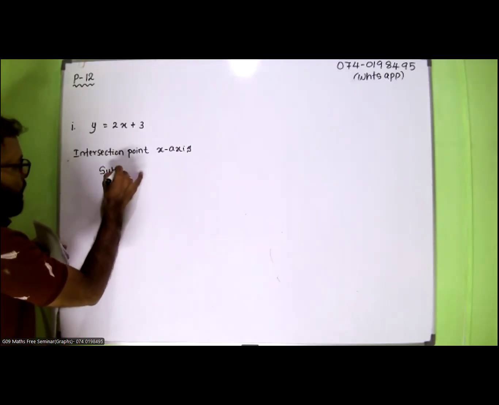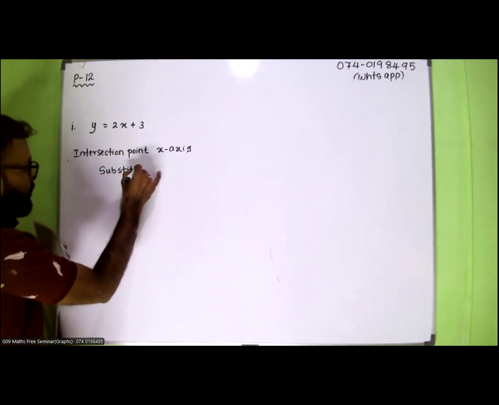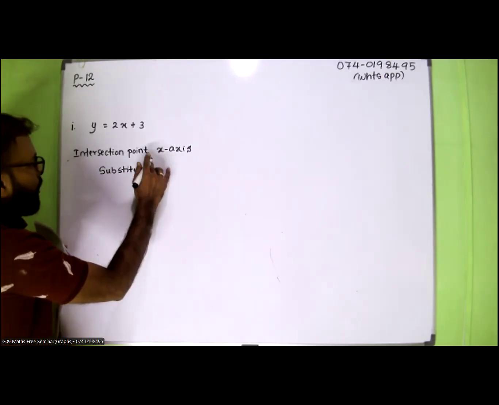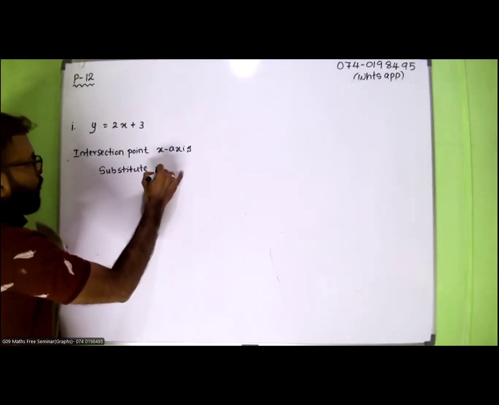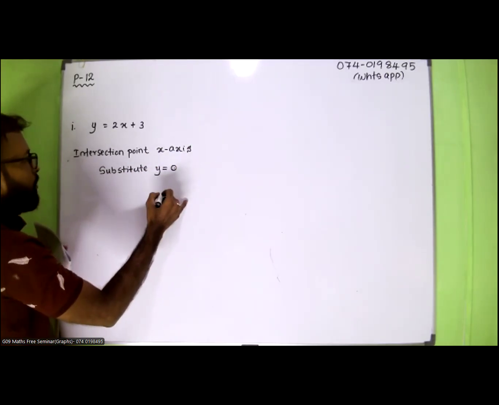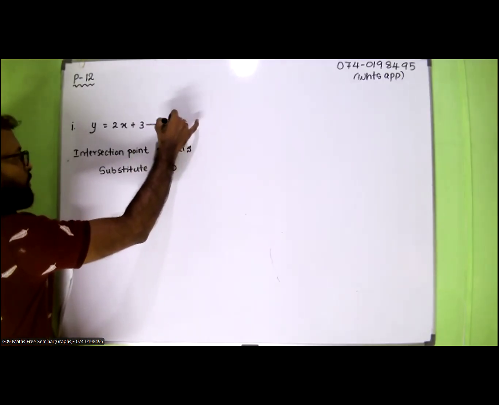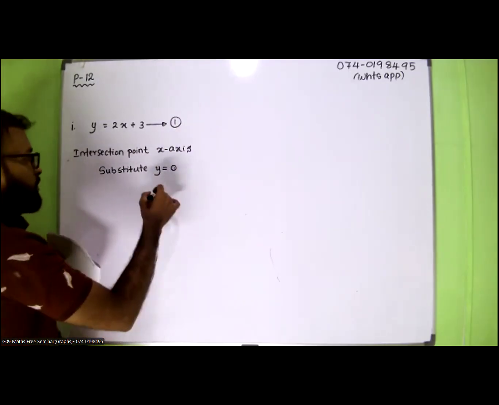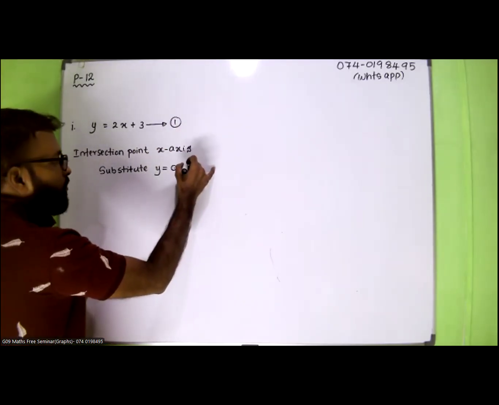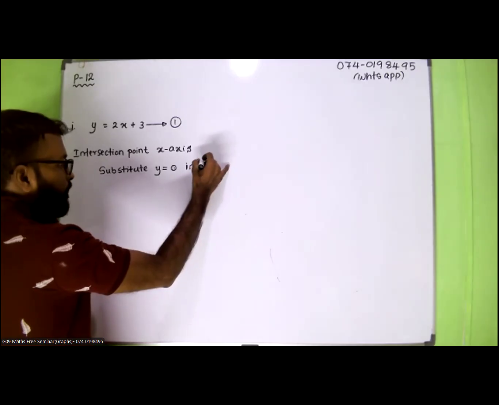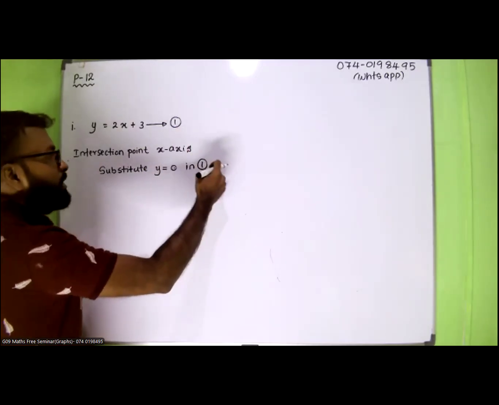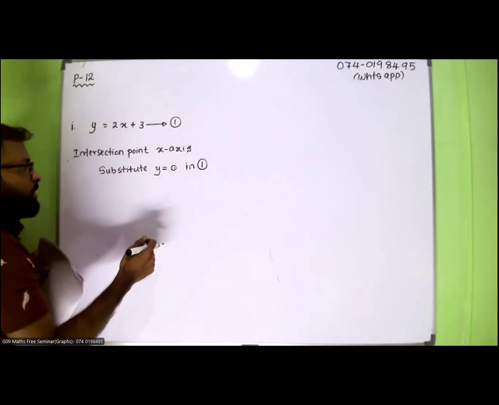Substitute y equals 0. I will say this is 1. Substitute y equals 0 in 1. Very easy. Otherwise I would have to write the whole thing every time. I cannot write everything, son.